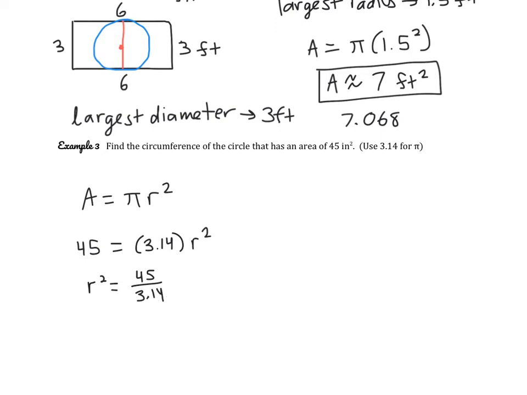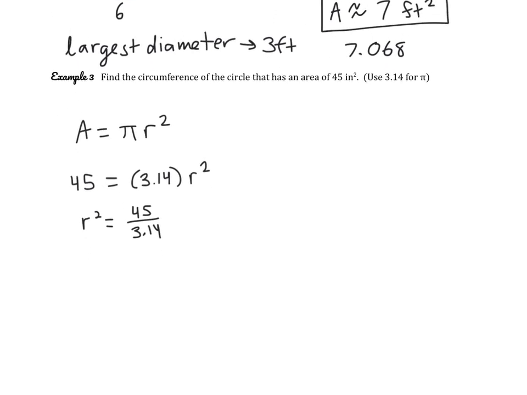I'm not going to plug it into my calculator yet. I'll wait till the very end. At this point, I would usually take the plus or minus square root of both sides to clear my square. However, our radius should always be positive, so here I'm just going to take the positive square root of both sides. In your calculator, make sure you're taking the square root of this entire thing by including it in parentheses.